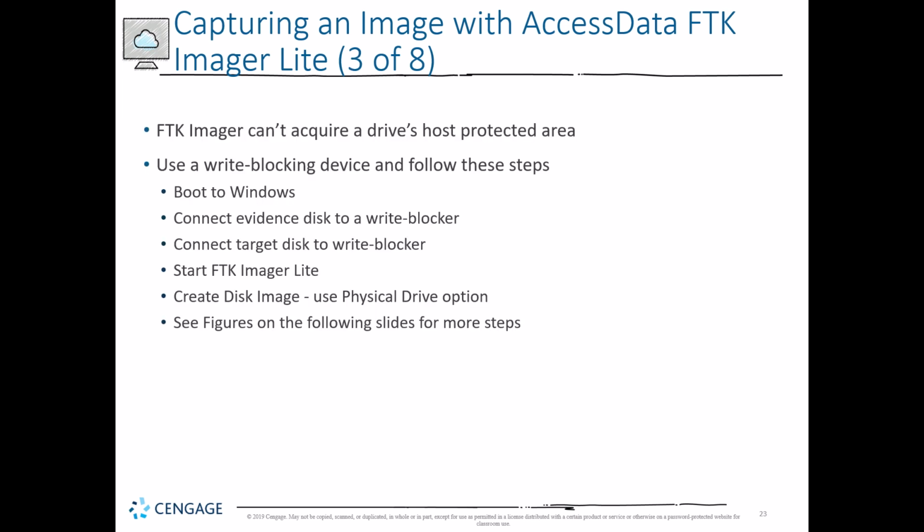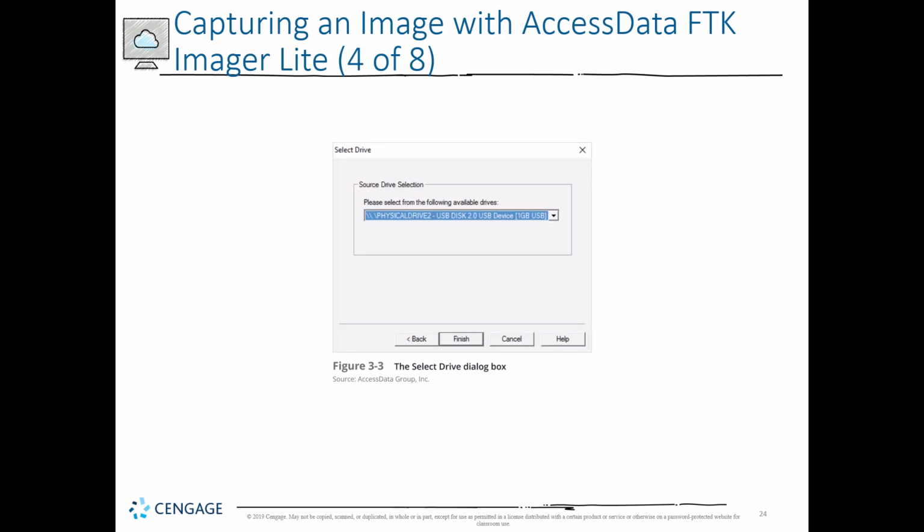And FTK Imager can't acquire a drive's host protected area. We already know that we have to use a write blocker, whether we are using software or hardware. Basically, boot into Windows, connect the evidence using a write blocker, make sure the write blocker is functional, start FTK Imager, create a disk image using the physical drive option, and then you can see your locations from there.